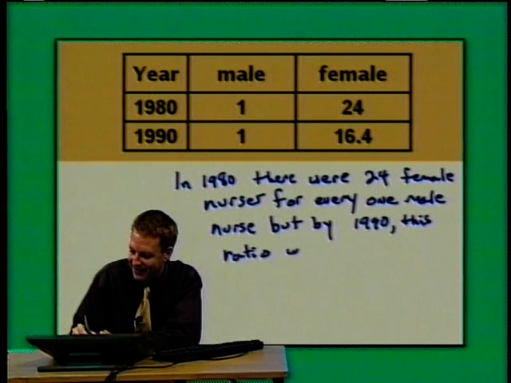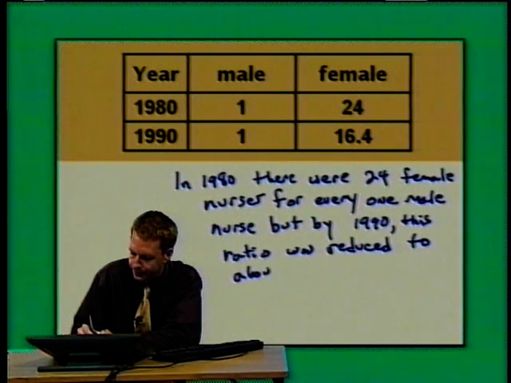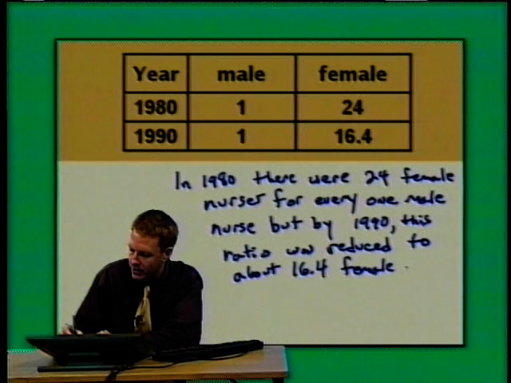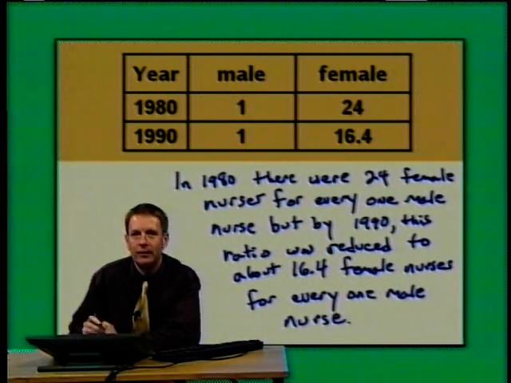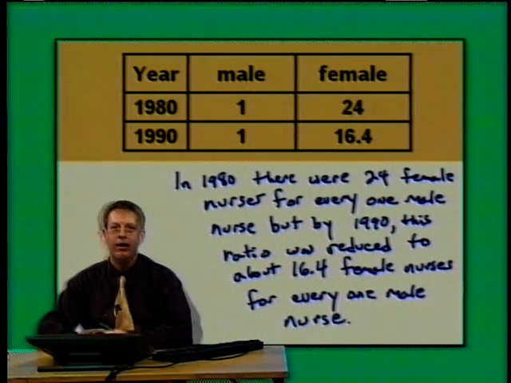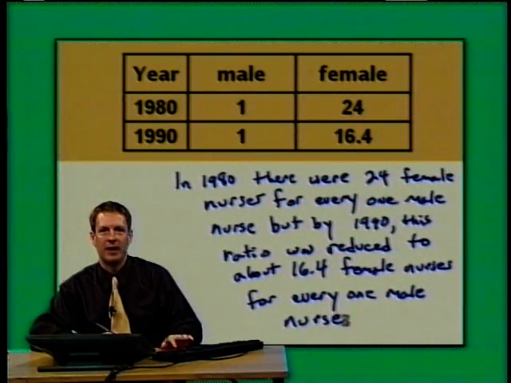This ratio was reduced to about 16.4 female nurses for every one male nurse.